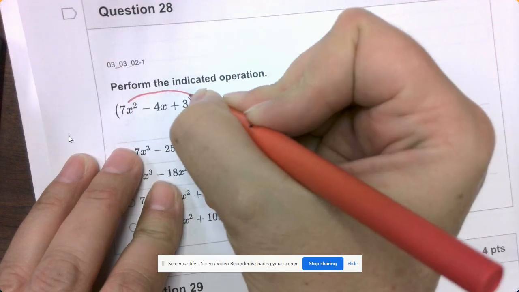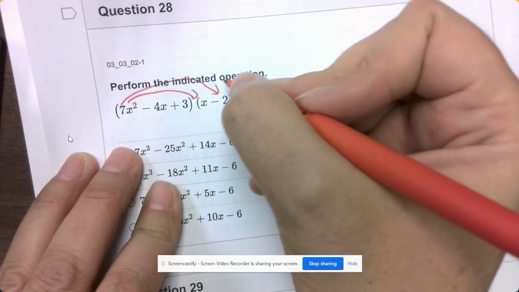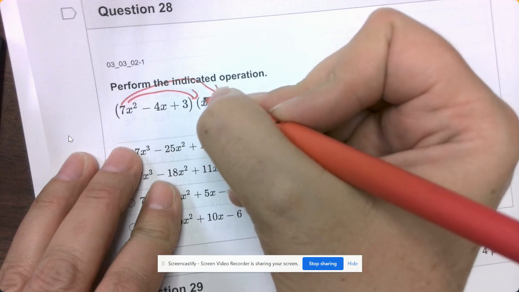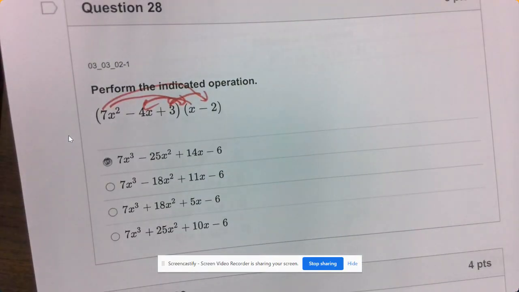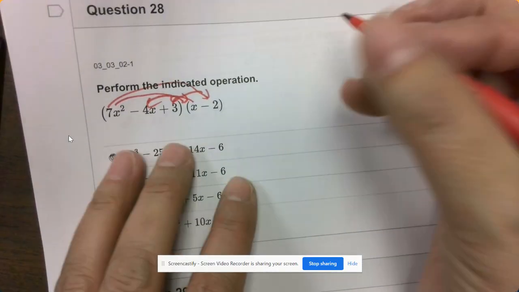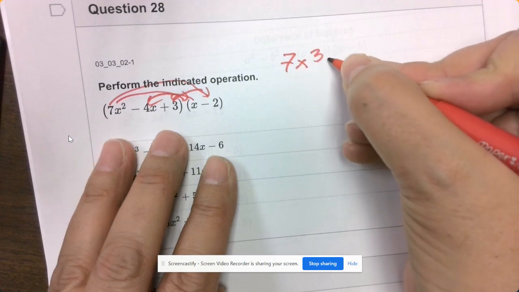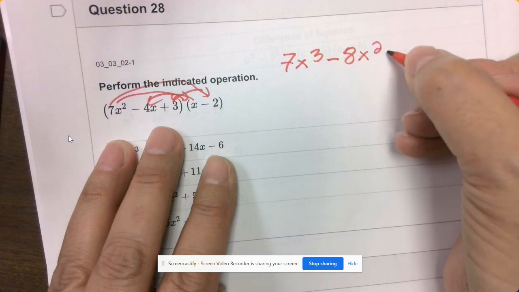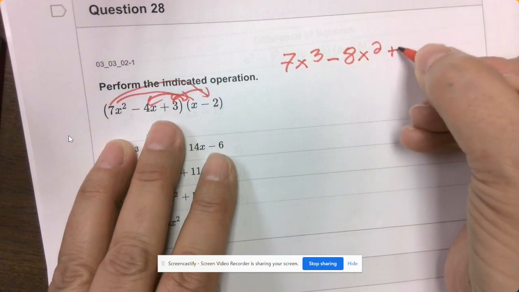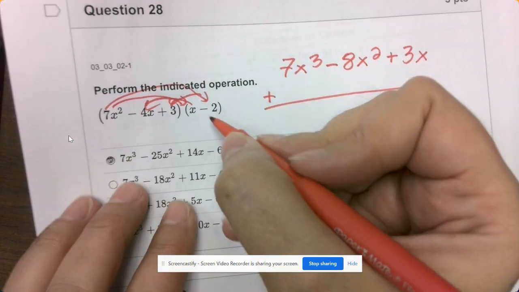Okay, this one we're going to go ahead and multiply. Or we can do x, and we'll multiply everything. So we're going to get 7x cubed minus 8x squared plus 3x plus, and then we're going to do the bottom one with 2.